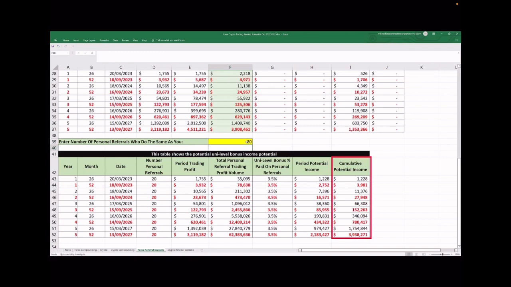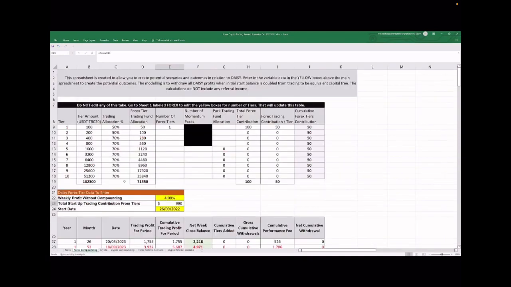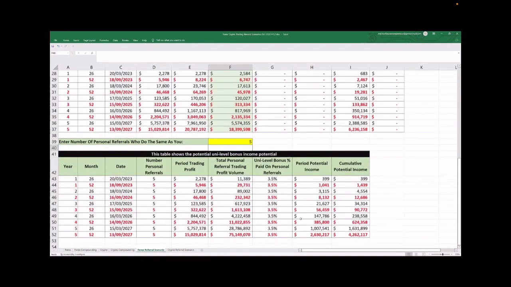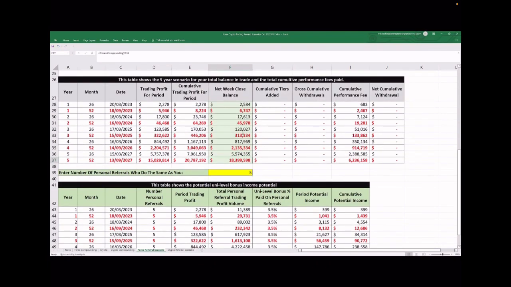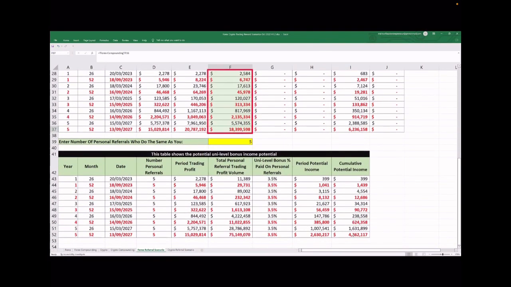You can adjust the numbers according to what you think is realistic for you in terms of contribution to the crowd fund, in terms of the performance. So if you wanted to decide to up it to the 4.7% average we're doing, you can do that. And again, that'll change these numbers, and you see just an extra 0.7% per week significantly impacts the results. 18 mil plus on your own funds and 4.2 mil.